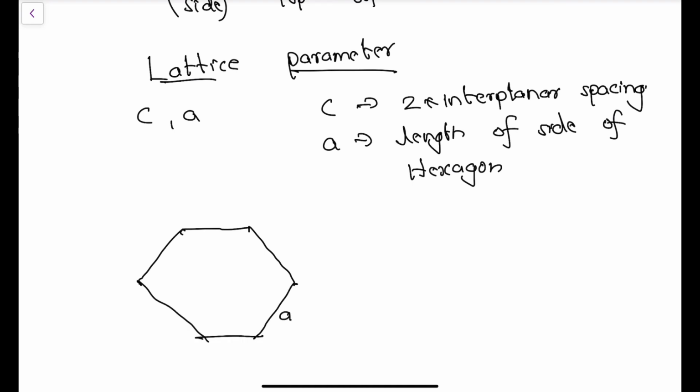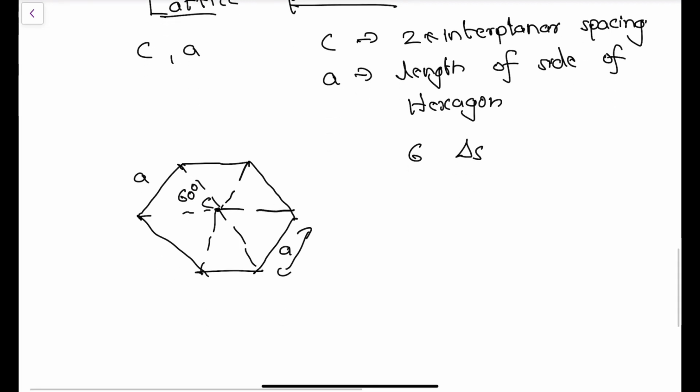Here this is the side, and you can draw six triangles here. So this triangle side is A, and this angle is 60 degrees. Okay, this also we should keep in mind.